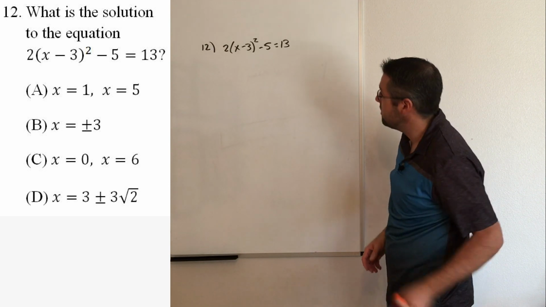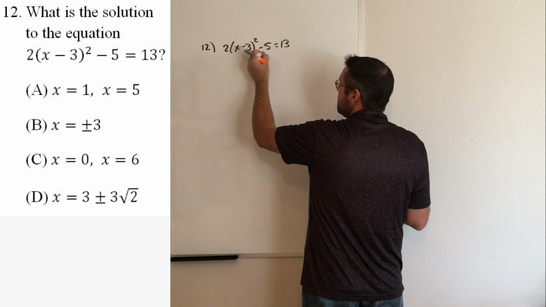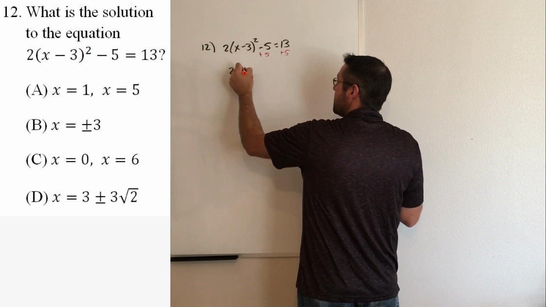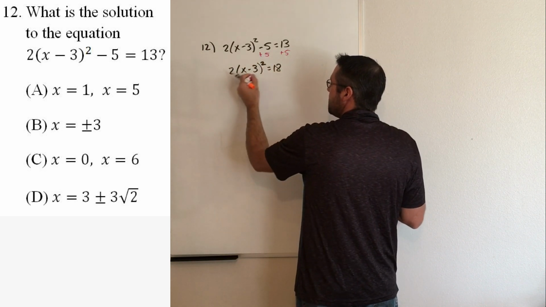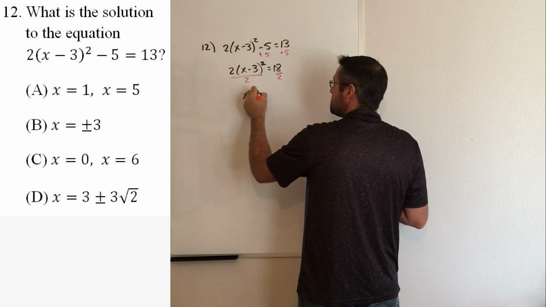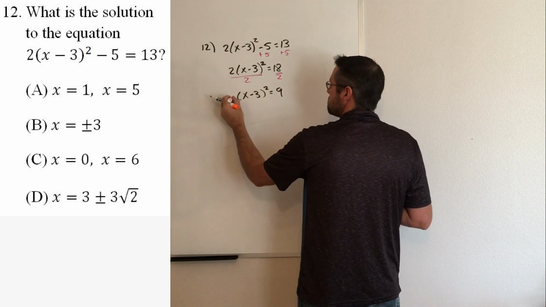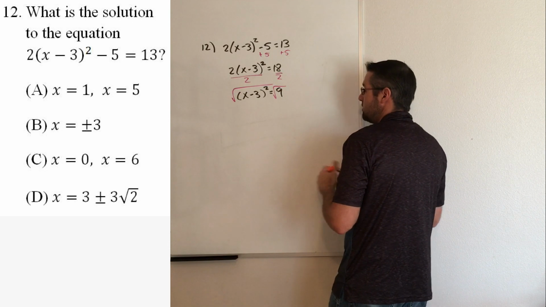I'm going to get the squared term by itself. The first thing I'm going to do is add 5 to both sides, so I end up with 2 times (x minus 3) squared equals 18. Then I'm going to divide both sides by 2, so I end up with (x minus 3) squared equals 9. Then I'm going to square root both sides, because to get rid of something squared, we square root.